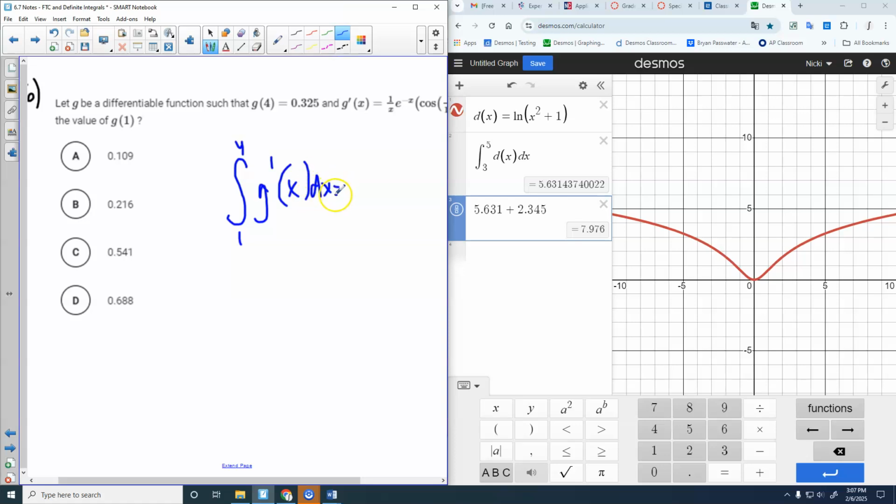And when you integrate g prime, you will get g. So this will equal g of 4 minus g of 1 right here.